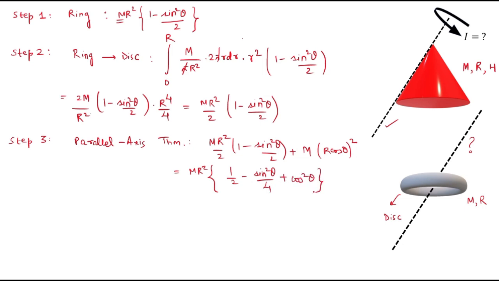Now we'll move on to our final step. So basically now we need to move on from the disk to the solid cone. So let us suppose this is our symmetric axis, the z. This angle is our theta.